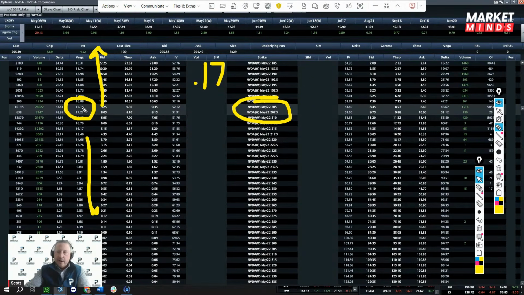But just going out 2 weeks, you can see triple the amount of Vega, 17 cents per 1% change in implied vol. Everybody see that? It's all Greek to me.